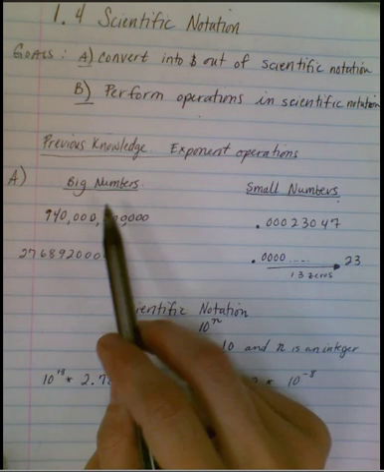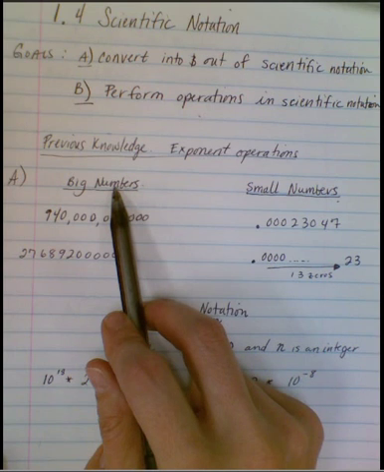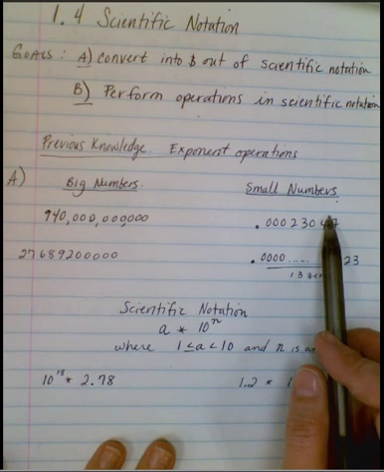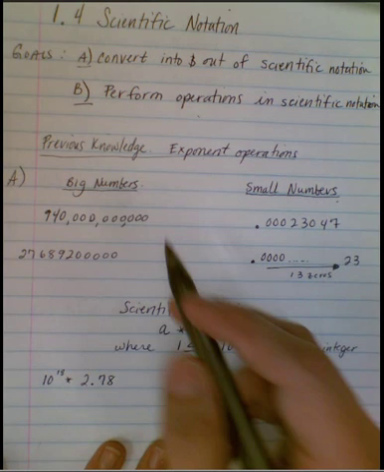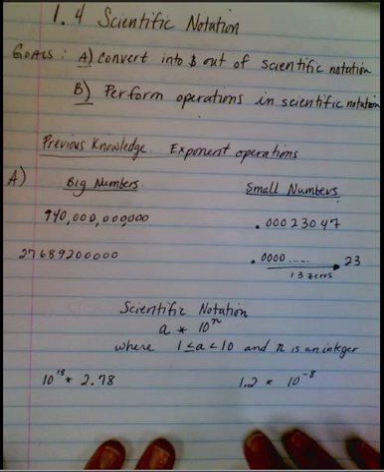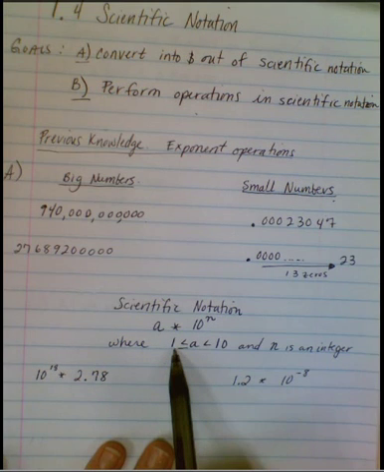So big numbers are great for scientific notation. Small numbers are great for scientific notation. So you can take this. Scientific notation must fall between 1 and 10. That's what the A has to be.